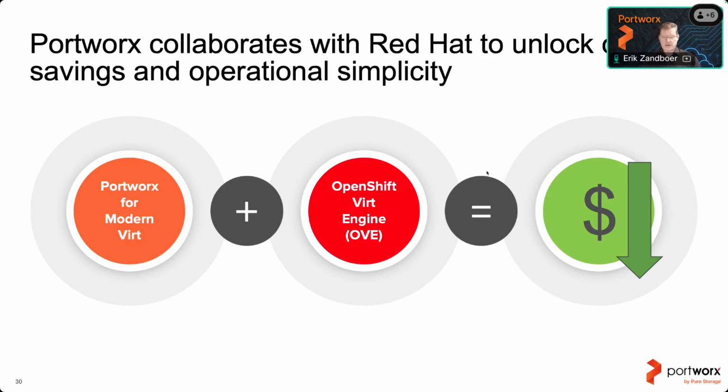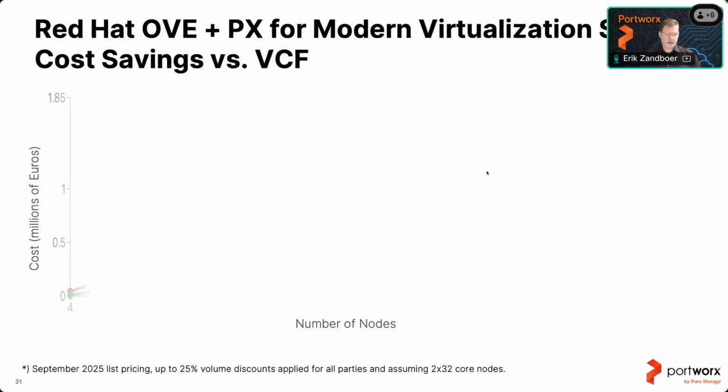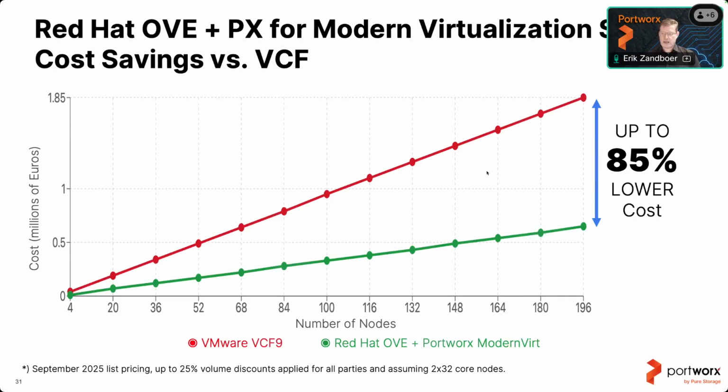Red Hat has a similar thing, the OpenShift Virtualization Engine, or OVE, which is a similar offering for when you're just running VMs on OpenShift. That means you save a lot of money in licenses, even up to 85%. So when you compare the cost in licenses from VMware VCF 9 to the Red Hat plus Portworx solution, you can have quite significant savings.